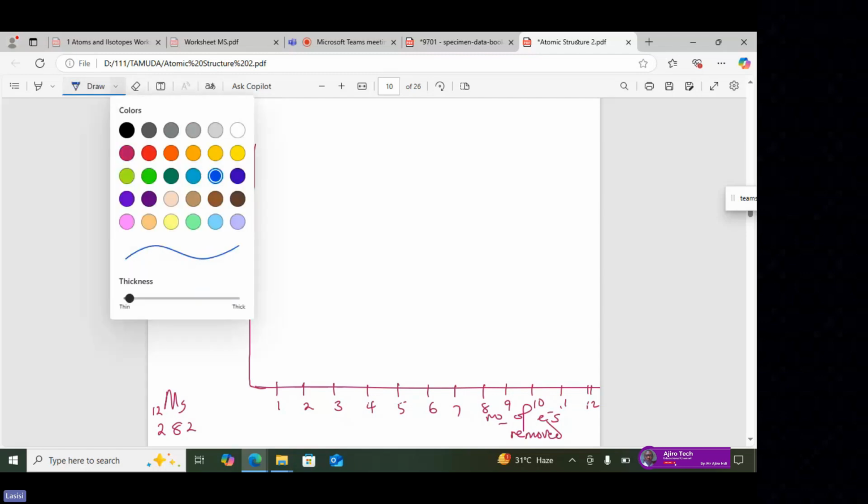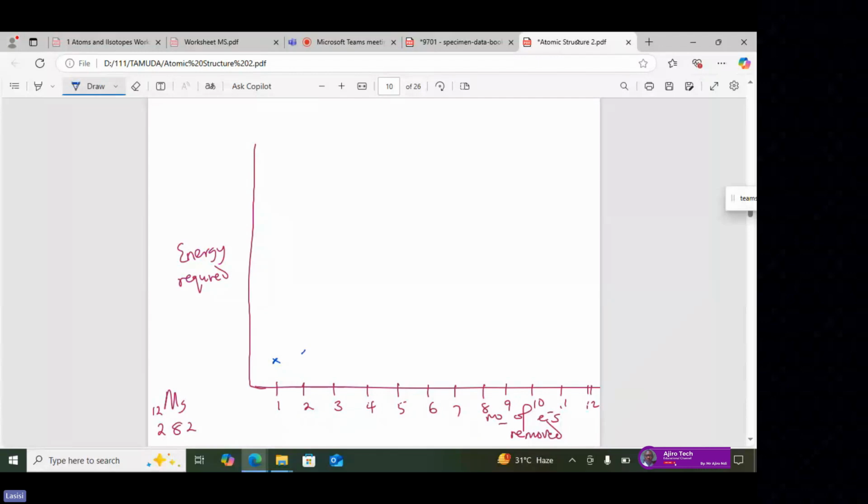So how do they go for magnesium? Look at the first, it will not be very high. Second will not be very high. Third will be very much higher. Jump. Because the third one is taken from an inner shell. It jumps.